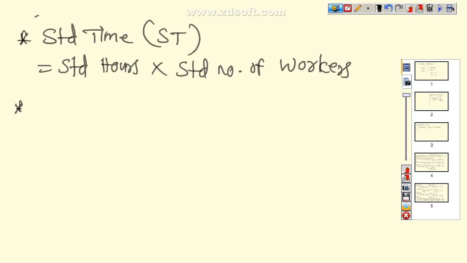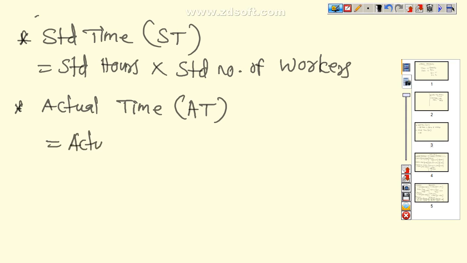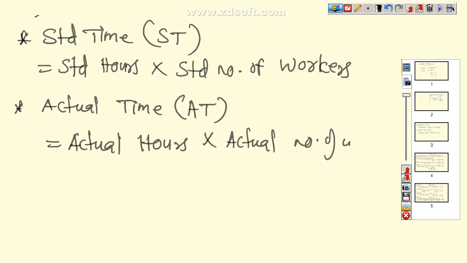Next point, actual time, that is AT, is equal to actual hours multiplied by actual number of workers.